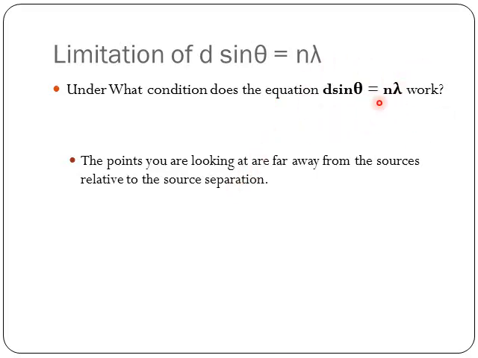What that means is that the distance is far away relative to the source separation. So in the case of light, whatever screen that interference pattern is appearing on is significantly farther than the distance between the two slits, which is pretty much always true in any problem we'll ever look at.